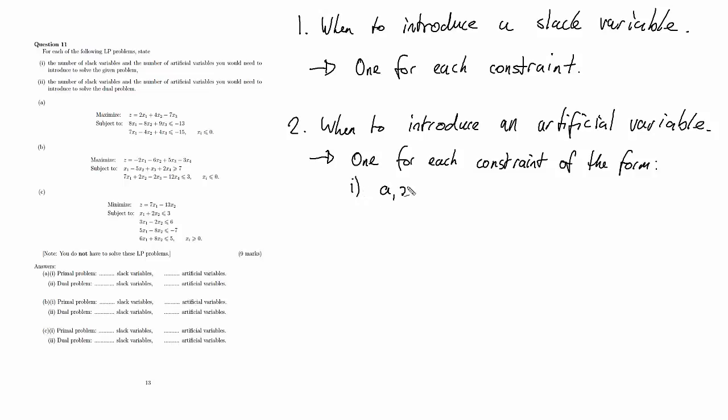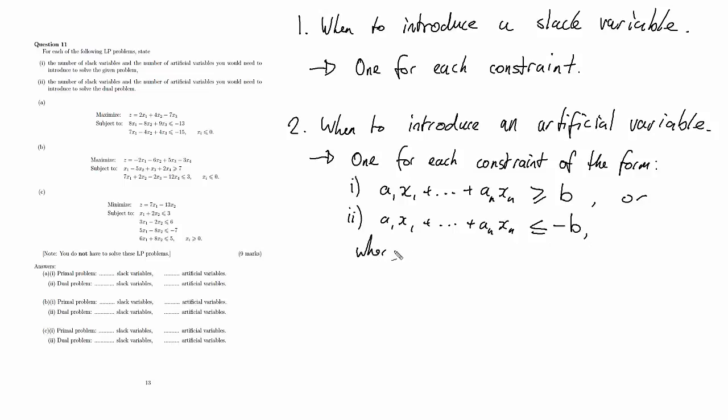If you have a1 x1 plus ... plus an xn is greater than or equal to b, or a1 x1 plus ... plus an xn is less than or equal to minus b, where b is strictly greater than 0.